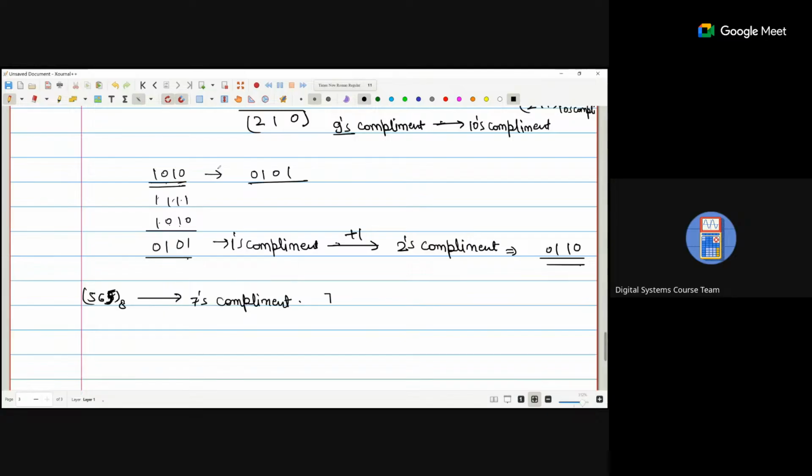It is a three-digit number, so we take three sevens and subtract 565, which gives 212. That is the seventh complement. Now if we add 1, the answer is 213. That is the eighth complement.